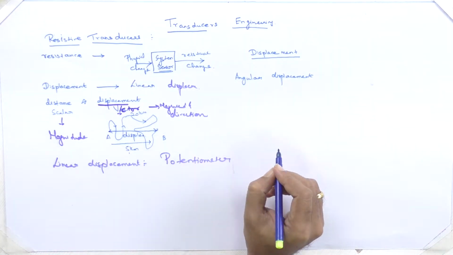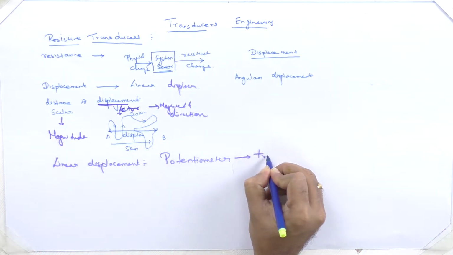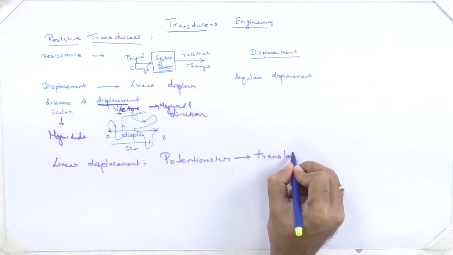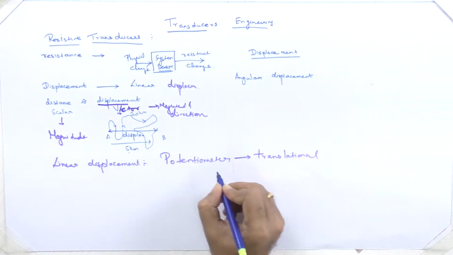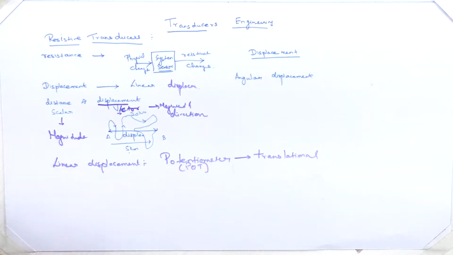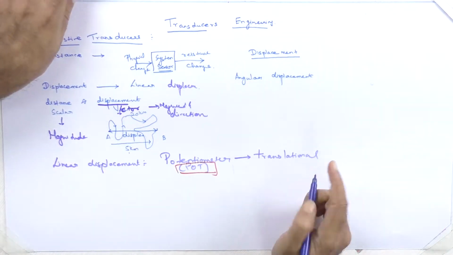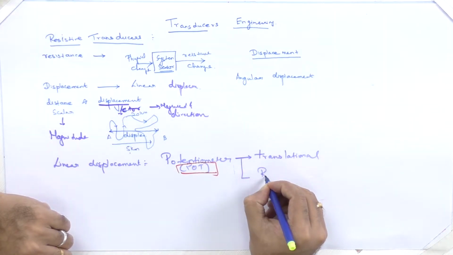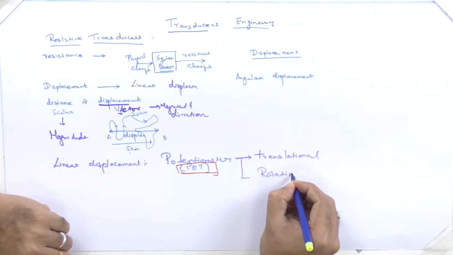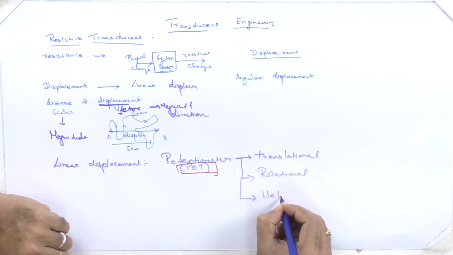Okay, the potentiometer is divided into three types. One is the translational potentiometer or pot, then the rotational type, then the helical type.